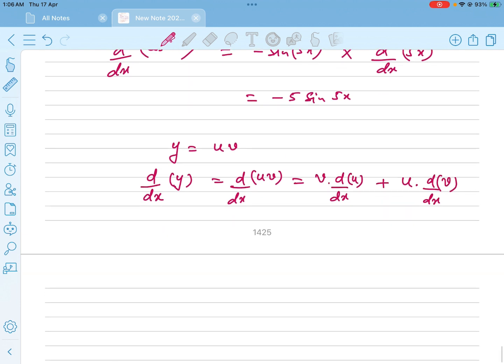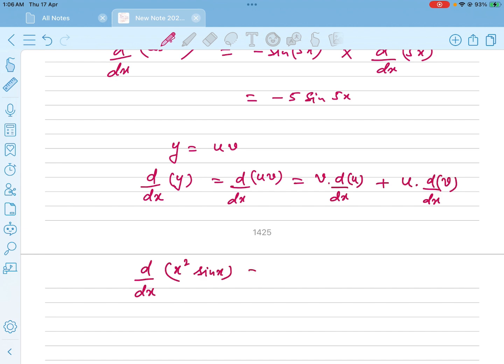Let me give you an example for this. Say I want to find out the derivative of x square sin x. Now as you can clearly see here, there are two functions, x square and sin x, and these are being multiplied, and I am trying to find out the derivative of the product of these two functions.